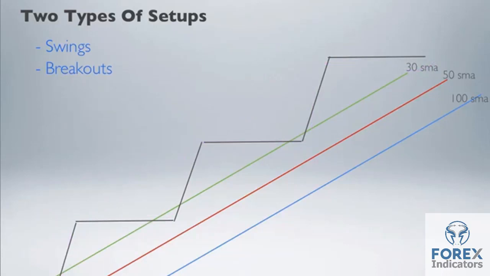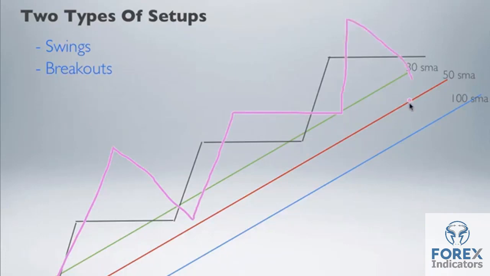Both of them are equally profitable. Both of them are equally valid, and what's more important, you will find both of them on any trending price action. In fact, you can find combinations of them. You may find one swing with a typical pullback, then a swing and a congestion, then a swing and a pullback, and so on.